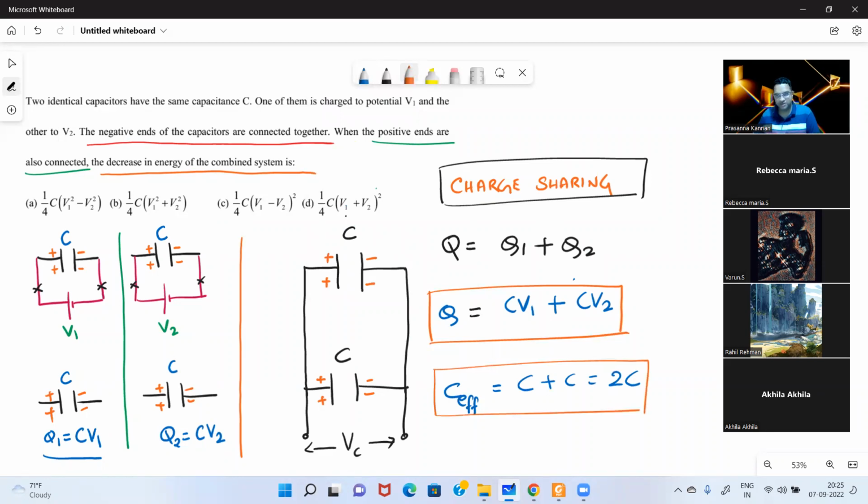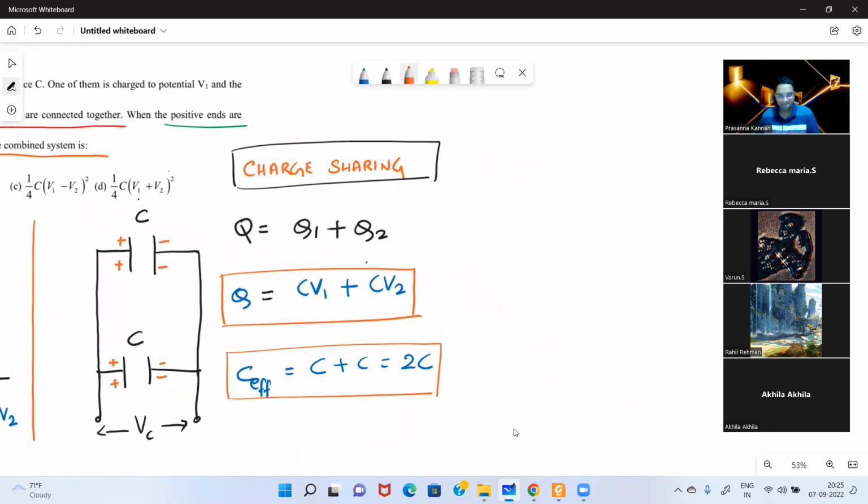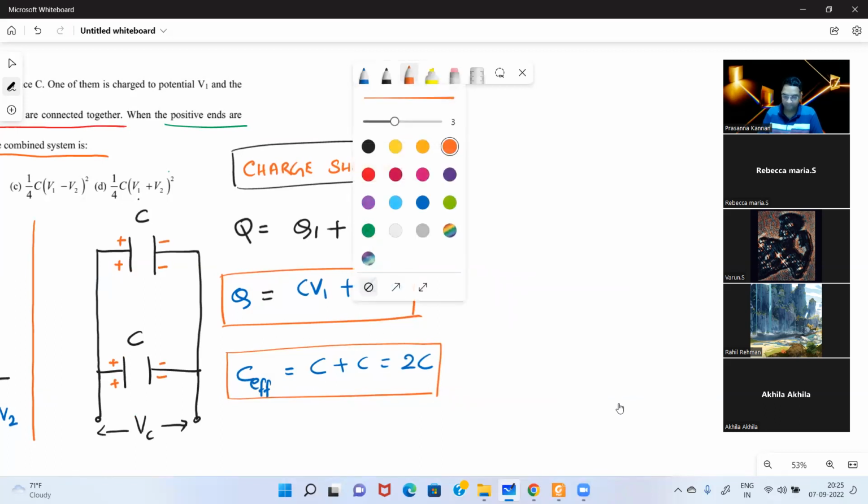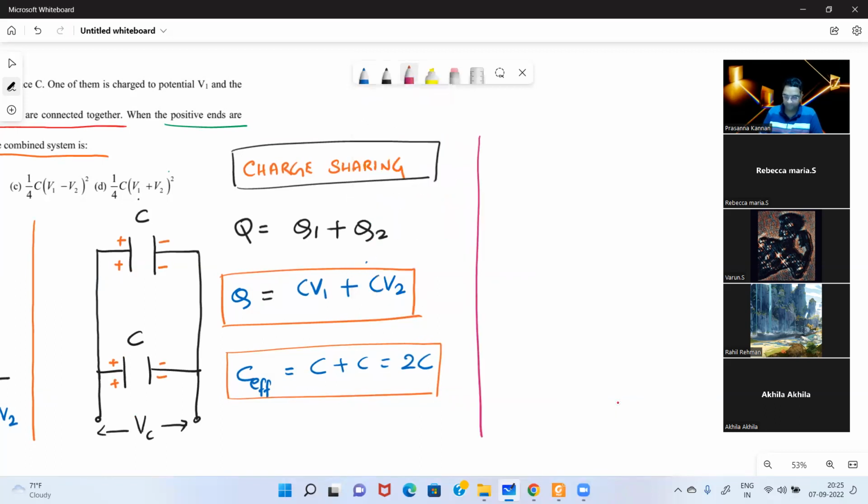So what is the common potential going to be? Capacitance is C effective, charge is Q. So what will be the potential? VC is Q by C effective.